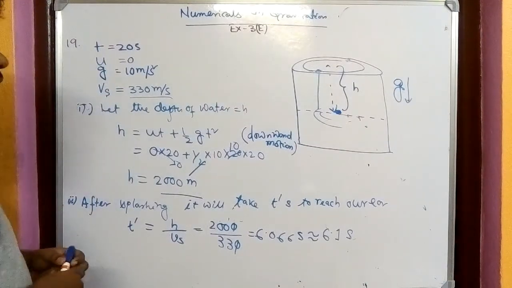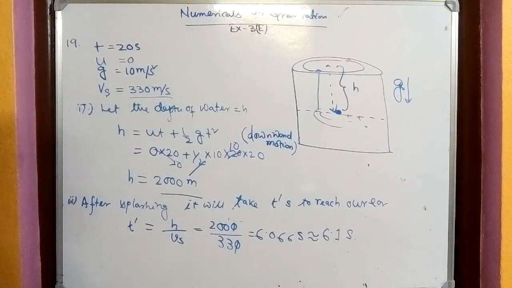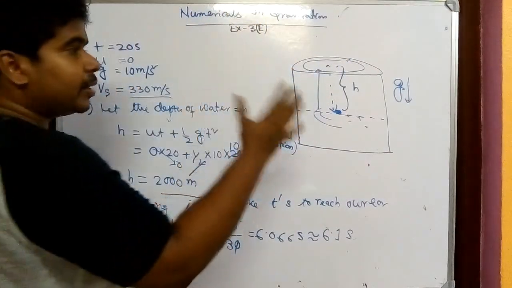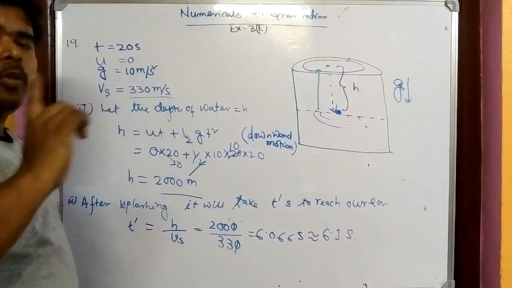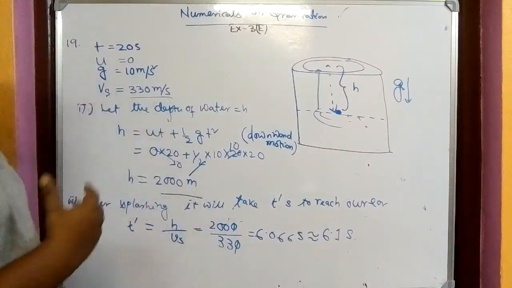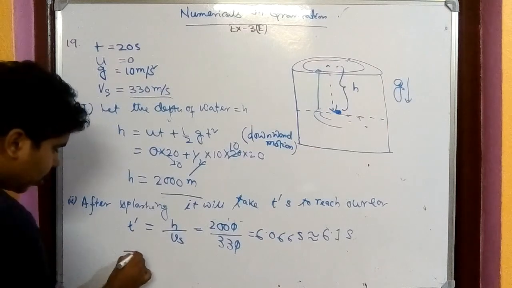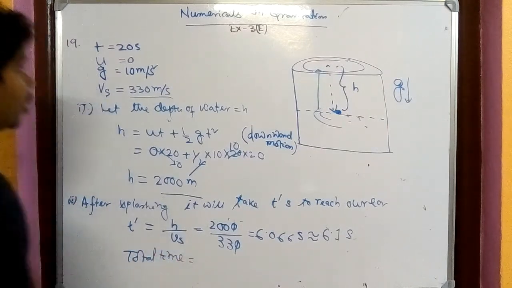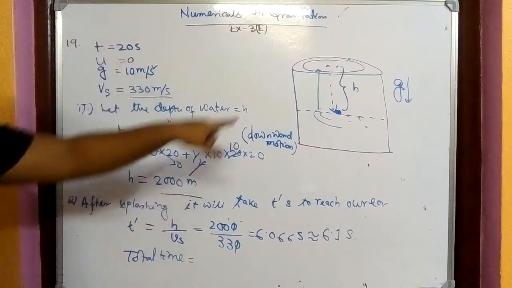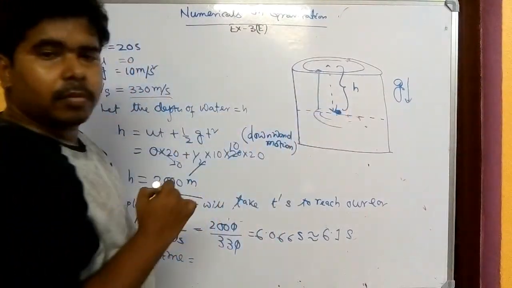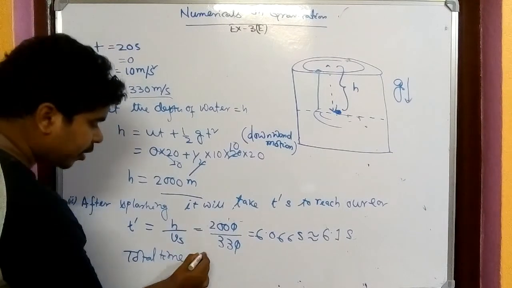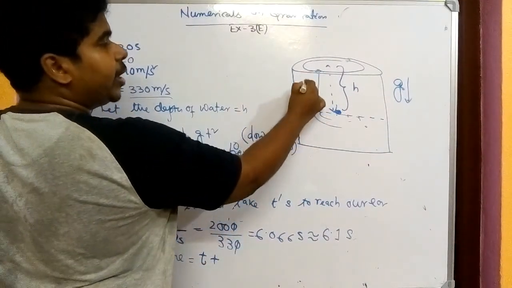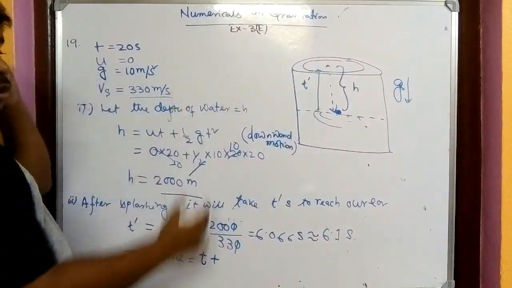Now the question has come: the total time after throwing, meaning from when you leave the stone until you hear the sound, how much time will it take. Total time means the time to reach the surface of the water, that is t, plus when the sound is created, it will take a time t dash to reach your ear.